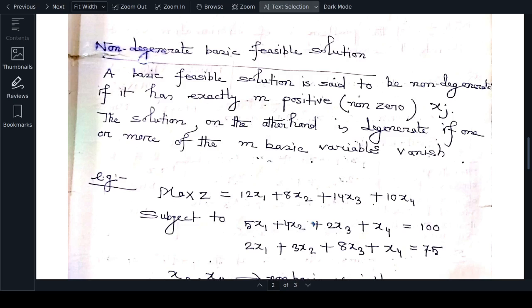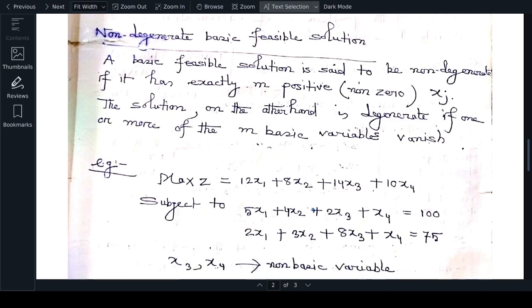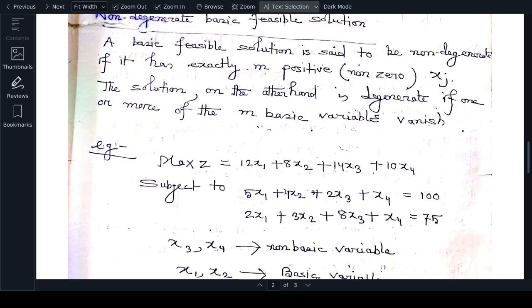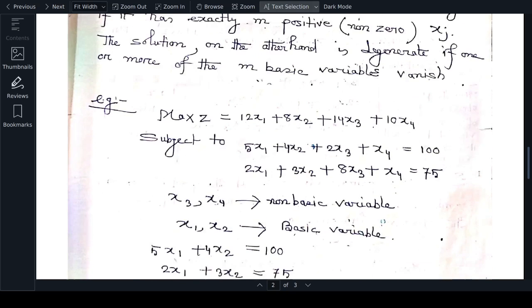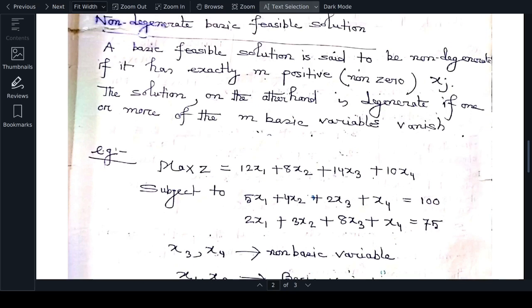Then the solution of x1, x2 should be like what? For a non-degenerate basic feasible solution, what is the restriction on x1 and x2?